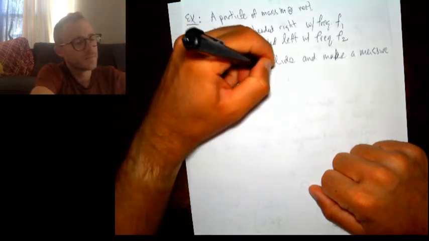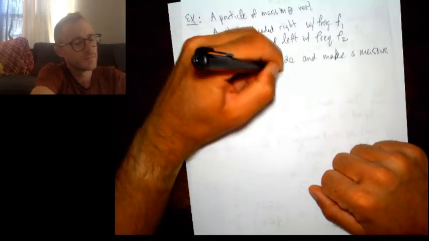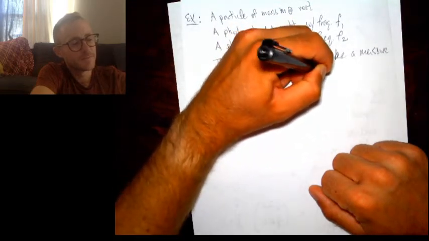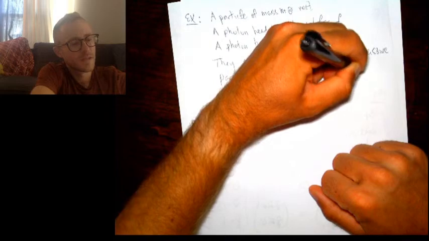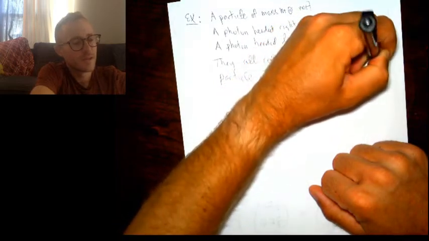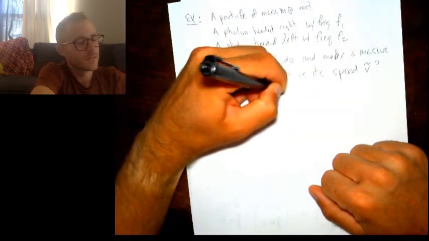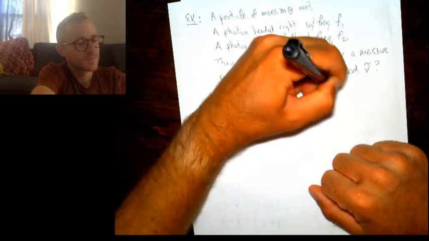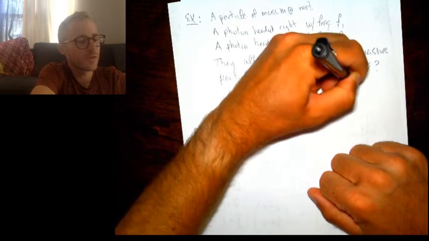What is its speed, which we'll call v squiggle, and what is its mass, which I'll call m squiggle?